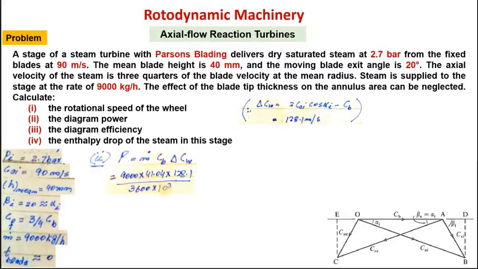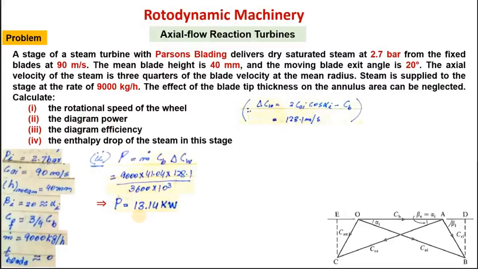That's why divided by 3600. Then if you want to represent the final value in terms of kilowatts, you divide this with 1000 also. If you do not divide with 1000, the answer will be in watts. So now the final power or diagram power comes up with 13.14 kilowatts.